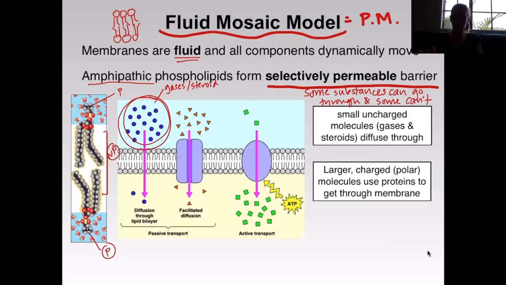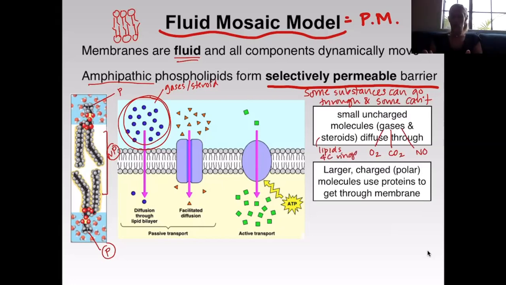The gases that we're going to be talking about in this class, I think there's only 3 that we really talk about: oxygen, carbon dioxide, and at some point, nitric oxide. And remember steroids, which are lipids, with those 4 carbon rings.